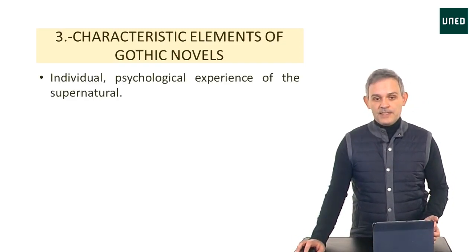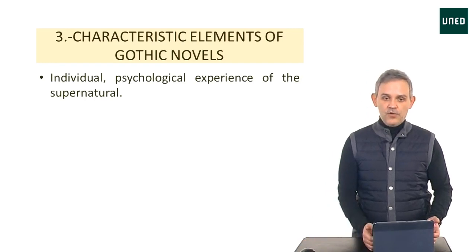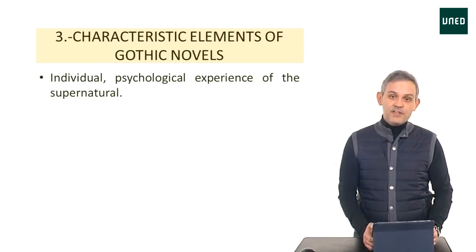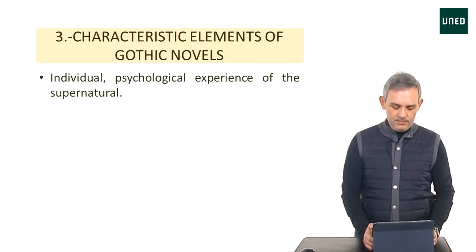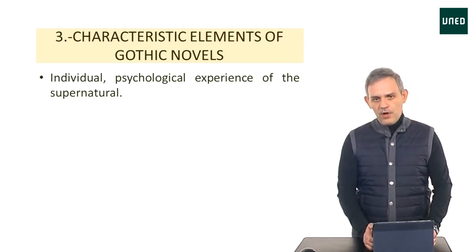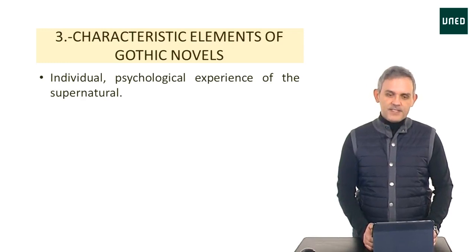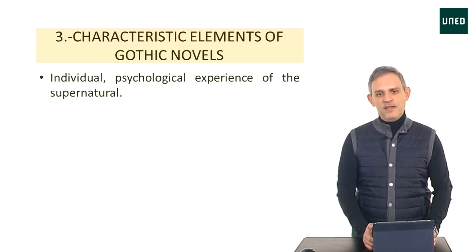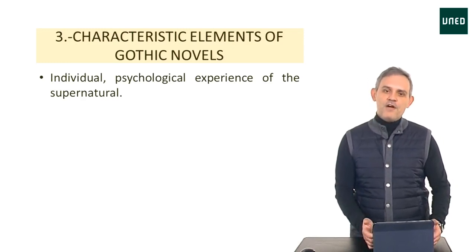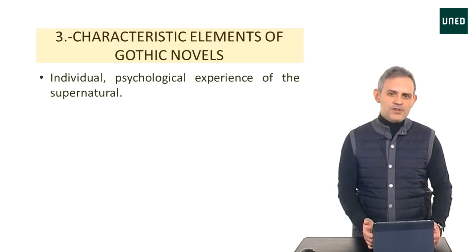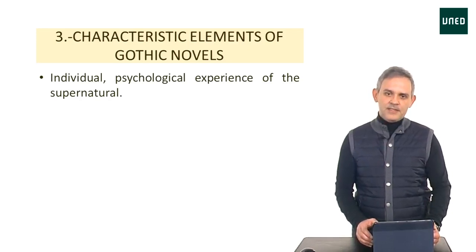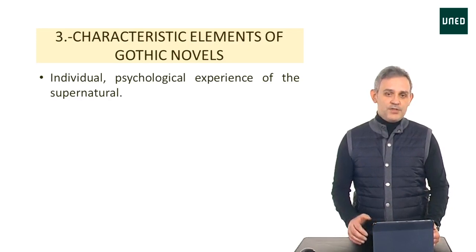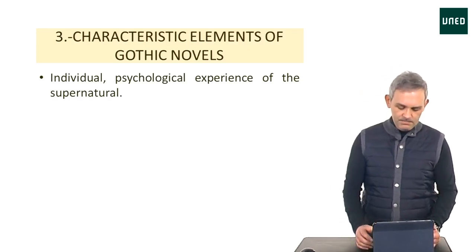The first one, and this is something I have hinted at already, is the individual psychological experience of the supernatural, which takes the form of various external threats, and we could connect this perhaps with the fear, which I have also mentioned, the fear of the French Revolution, the fear of political chaos in England that might reproduce what was happening in France.